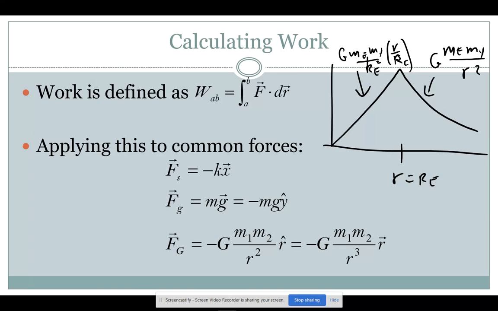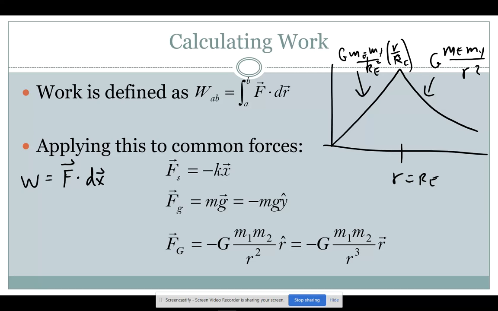If I want to calculate work, what's the equation for work? Force and distance. There's an important thing to note there, though. It's force dot dx, right? It's the parallel parts of the vectors.